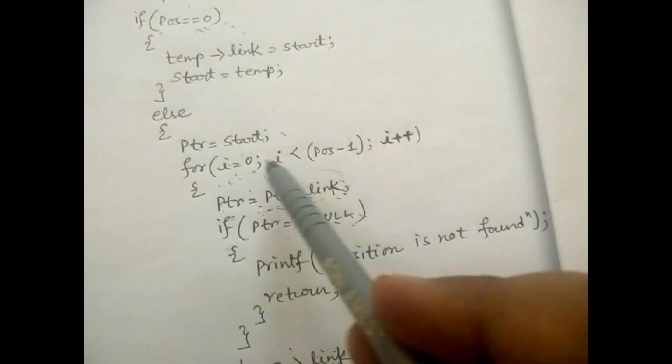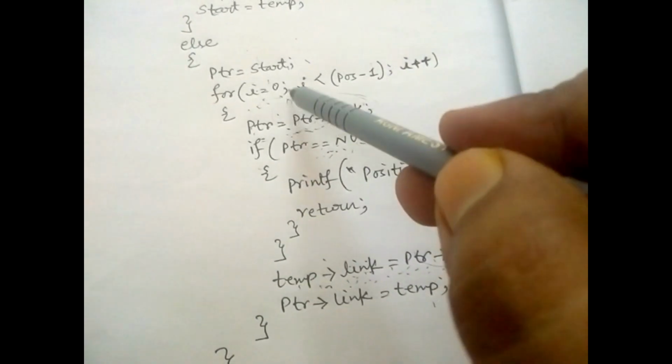Okay, now again go to the for loop statement, and now the value of i is 1 because it is already increased by i plus plus. Now check i less than POS minus 1: the value of i is 1, POS minus 1 is 2 minus 1, 1, so the condition is not satisfied.